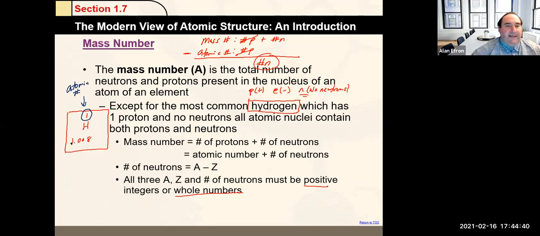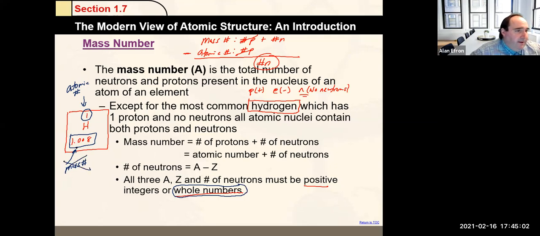So the question is, the bottom number, is it the mass number? Well, based on our definition here, the mass number, along with everybody else, needs to be whole numbers, and that is clearly not a whole number.